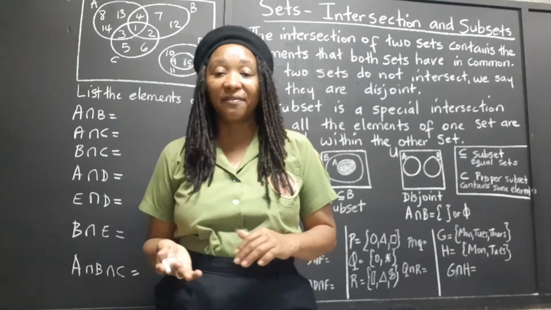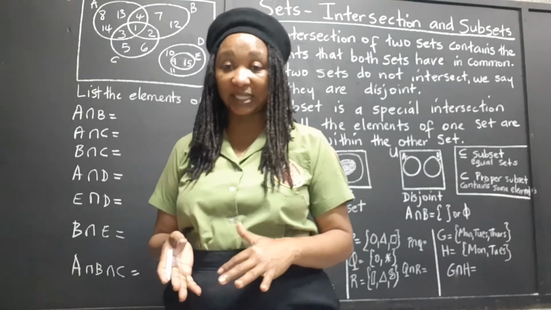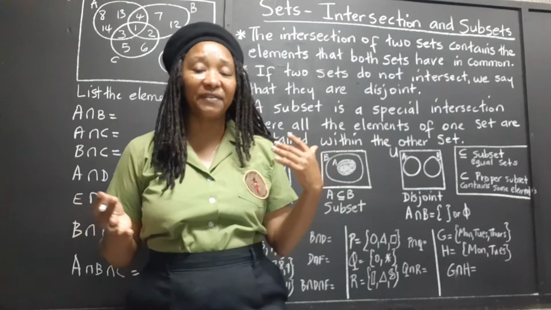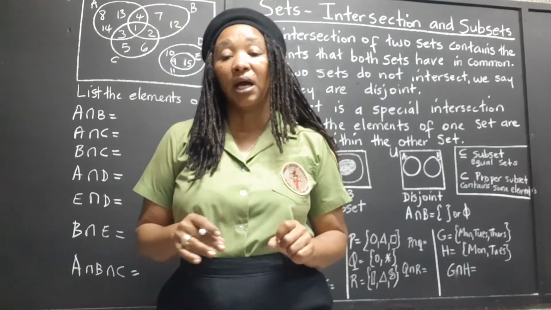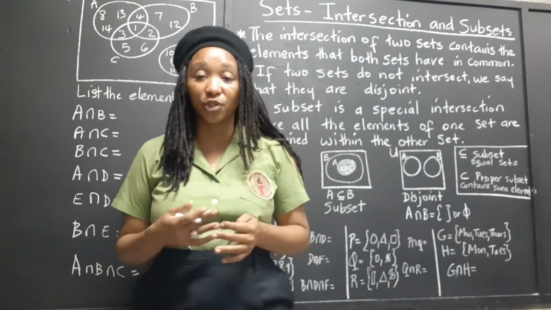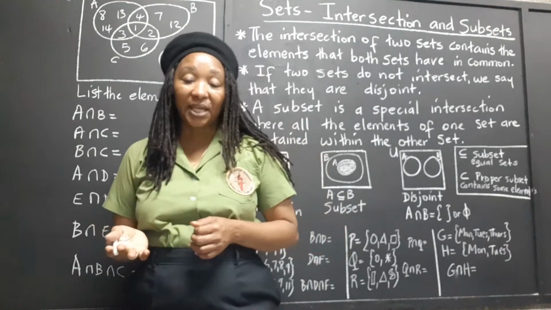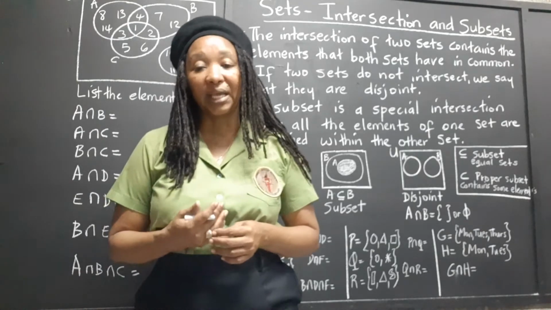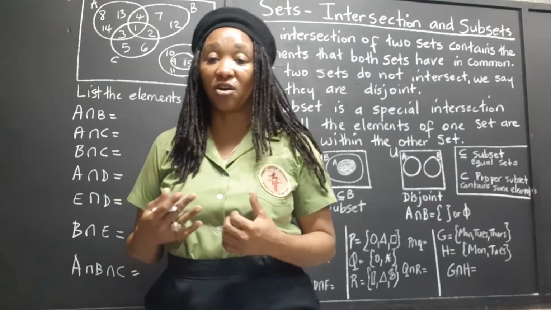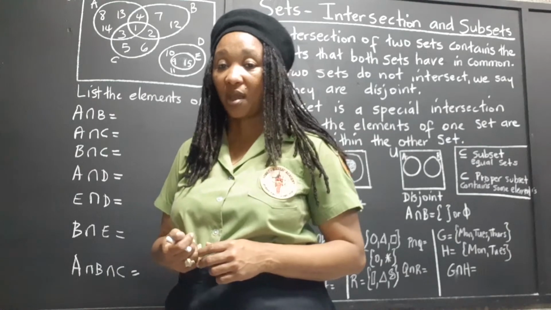So we have videos that were done introducing the topic of sets, so you can always go back and watch that. But for the benefit of those who are watching this video on sets for the first time, let me just explain to you that a set is a collection of items, things that have something in common, some property that they share, right?